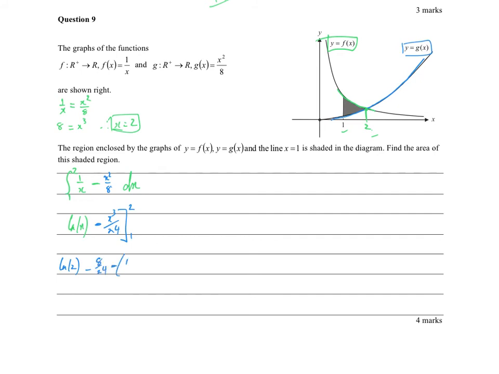Subtract in brackets, natural log of 1 minus 1 on 24. Natural log of 2 minus 8 on 24 minus a minus plus 1 on 24. I get the natural log of 2 minus 7 on 24. Looks okay. Move on.